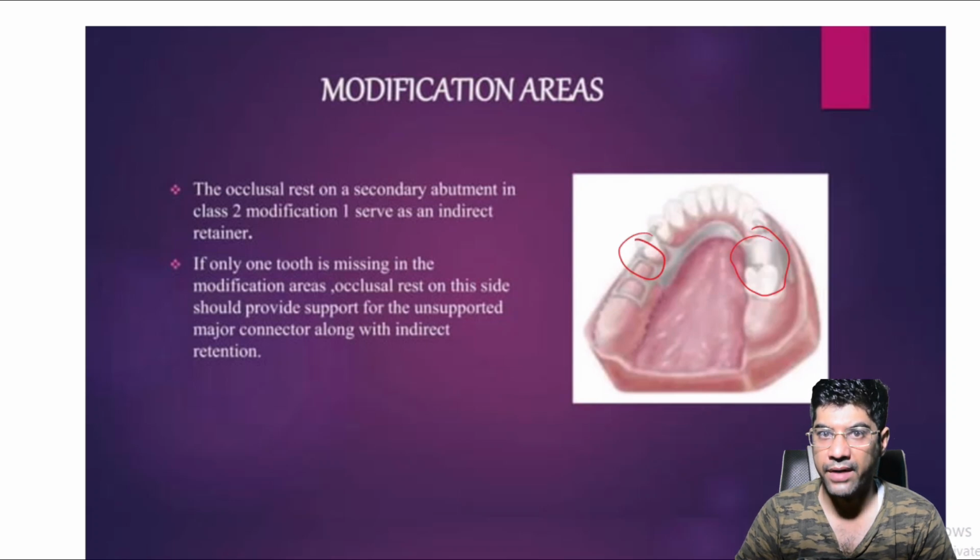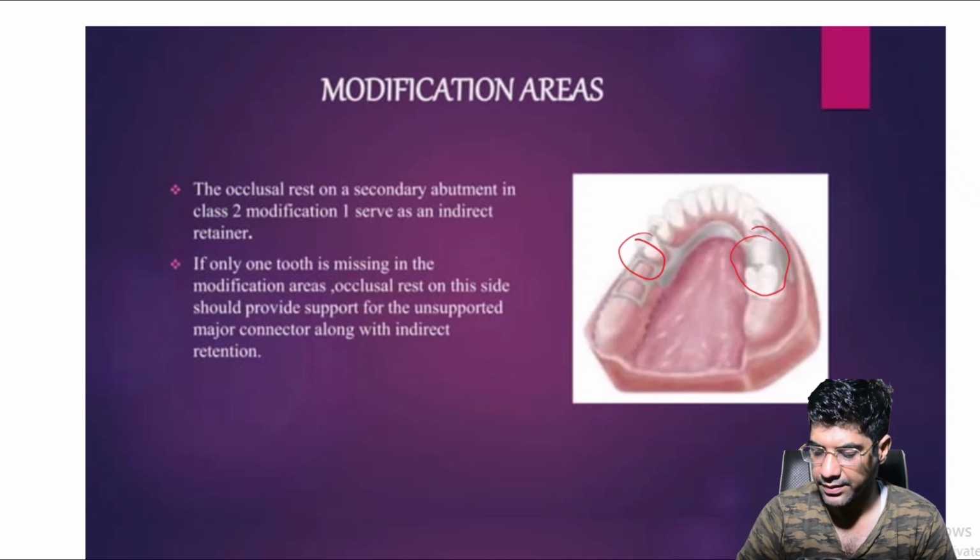In class 2 modification 1 cases, how can you determine which occlusal rest will act as indirect retainer? The occlusal rest that is the farthest from the fulcrum line will be more effective as indirect retainer, as it provides the support while being positioned away from the fulcrum line to increase its effectiveness.